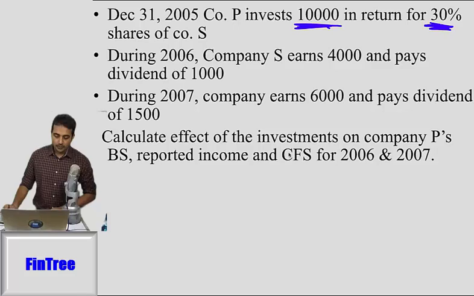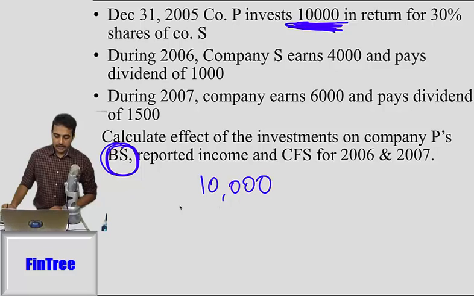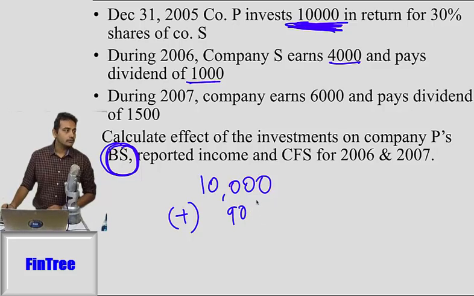So first tell me what should be the value on the balance sheet. How would you easily do it? Original investment is 10,000. Then first year earning of 4,000 and dividend of 1,000. So what is the net retained earnings? 3,000. 30% of this, 900, gets added here.